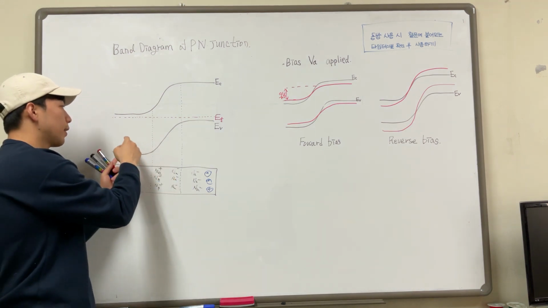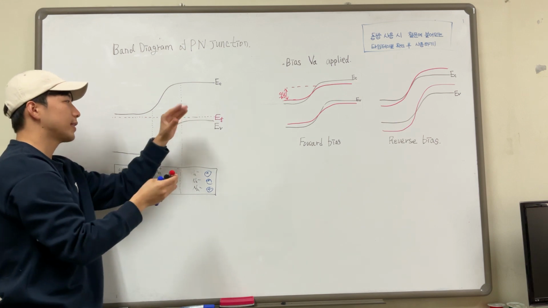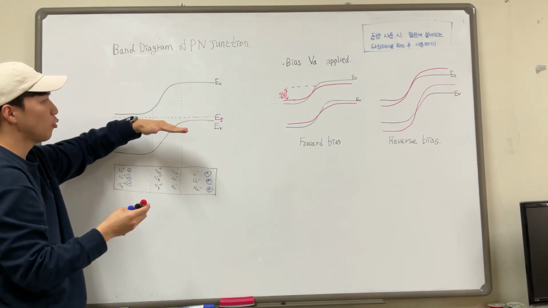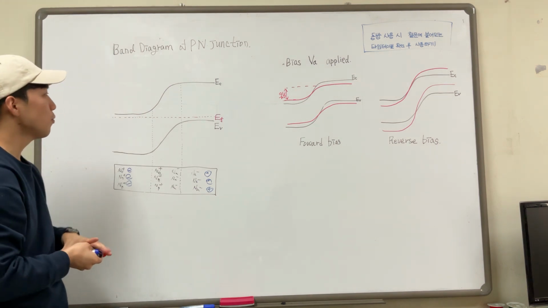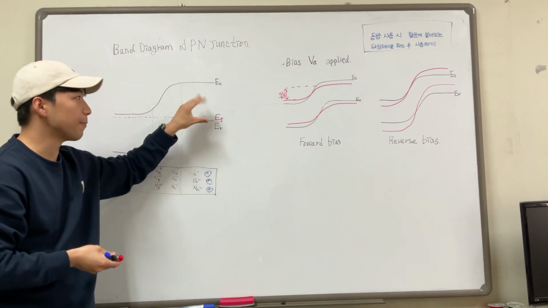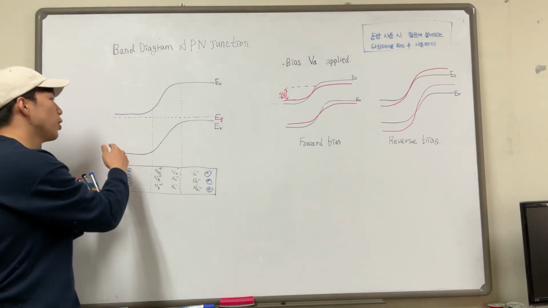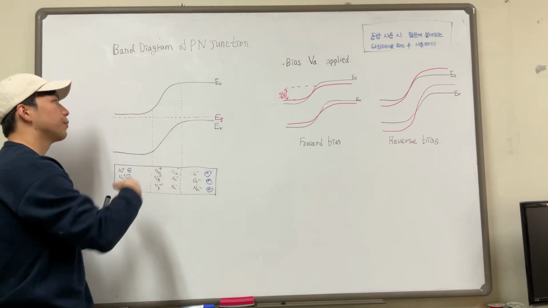So the gap between the Fermi level and the valence band may be the same as the gap between the conduction band and the Fermi level. So the gap of the conduction band will be the same, and we will move above to draw the conduction band.